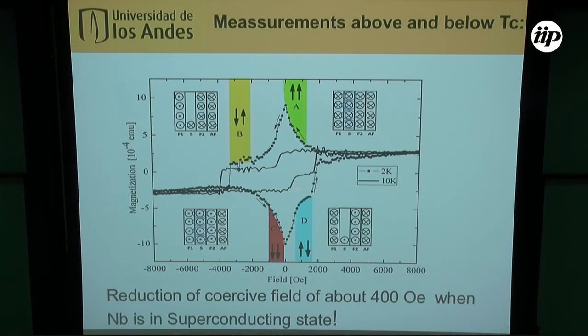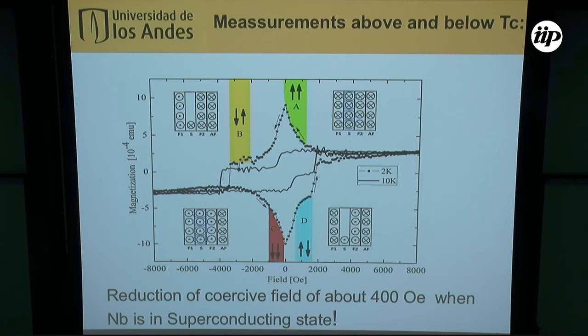Okay? So here you have the signal above TC, this solid line. And here you have the signal below TC, right? So it looks like there's clearly no vortex flipping, a standard signal. However, this was surprising. There is a reduction in the coercive field of the ferromagnet which was pinned. So this is parallel, antiparallel, and then parallel again. So for this ferromagnet F2, there is a reduction of the coercive field.